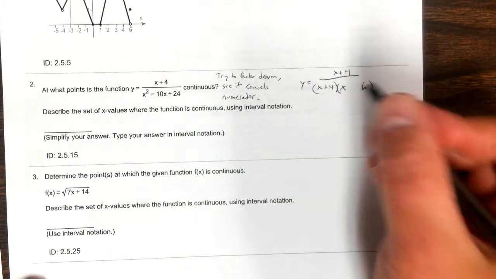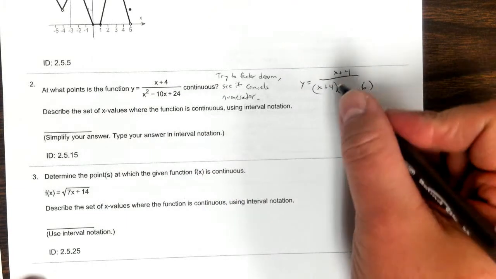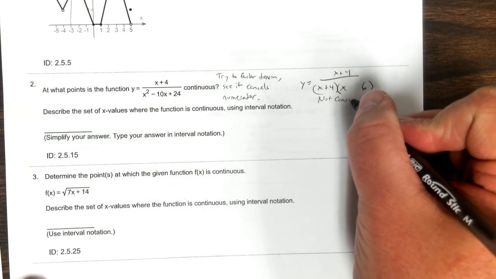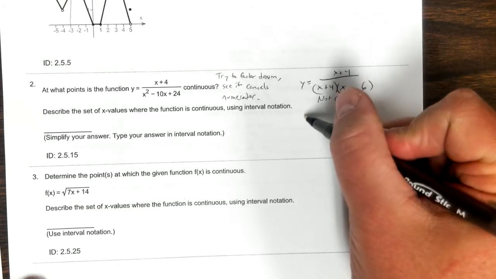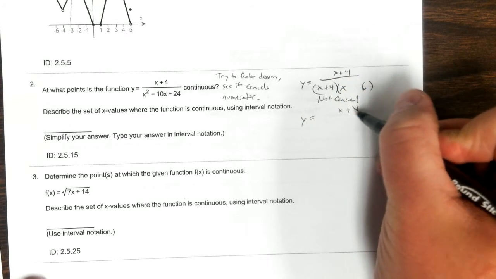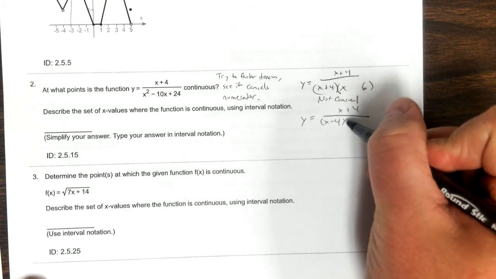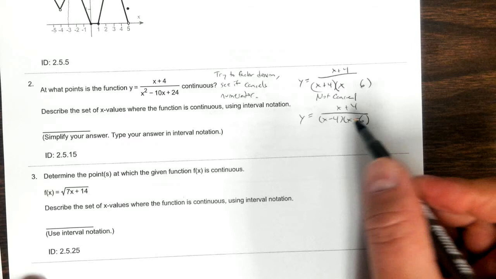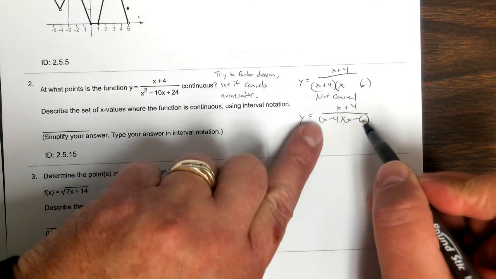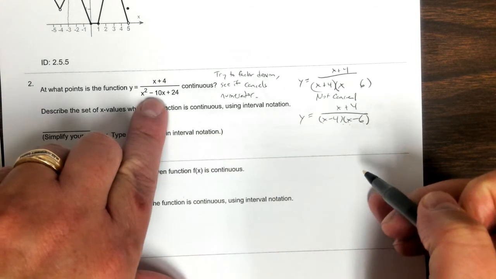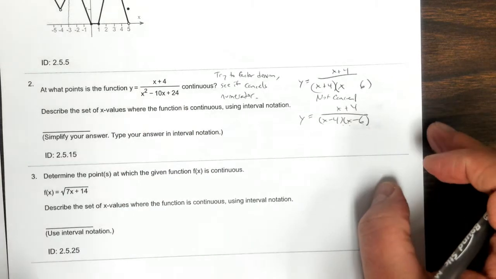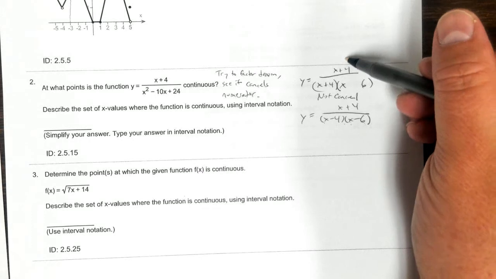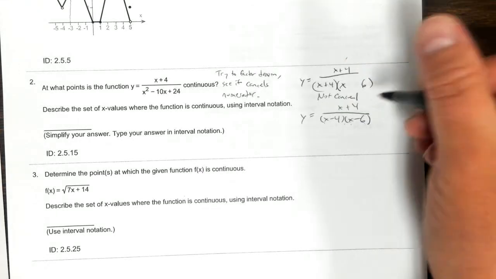Since you have a negative 10, that's not going to cancel. Instead you would have to have x minus 4 times x minus 6. So if you have your x minus 4, x minus 6, you get x squared, negative 6x minus 4x is negative 10x, and then plus 24. So it is worth trying because sometimes we're able to cancel it out, but here it does not.